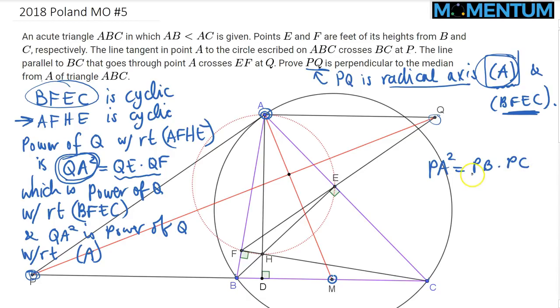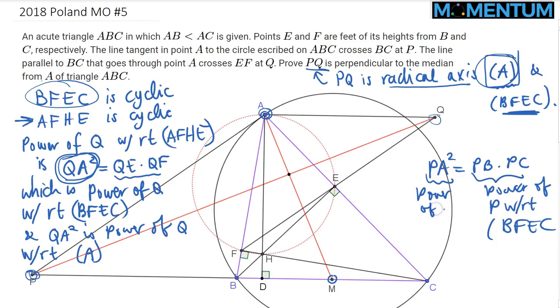But PB times PC is just the power of point P with respect to the circle BFEC. And like we said, PA squared can be interpreted as the power of point P with respect to circle A. And again, we have the same result.